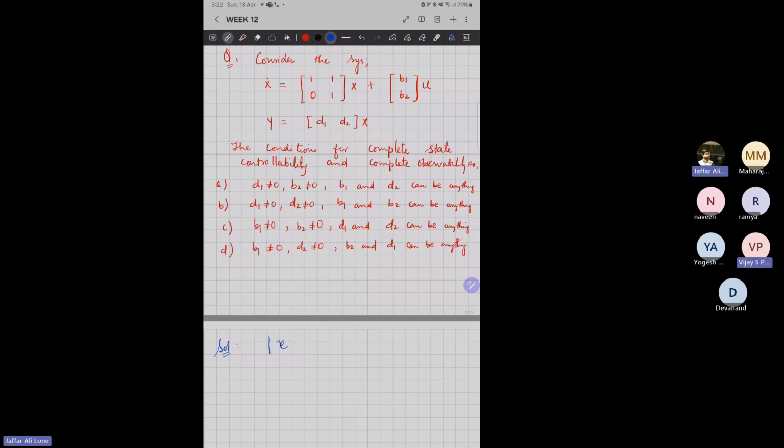Anybody calculated what is the B1, B2 determinant? Okay, you're saying this matrix, the controllability matrix, I have got only minus B2 square.